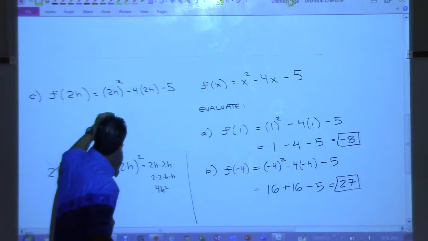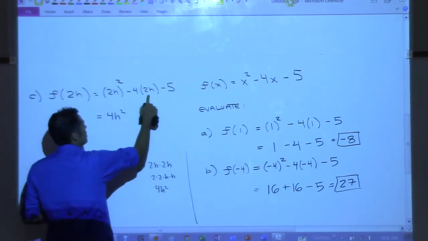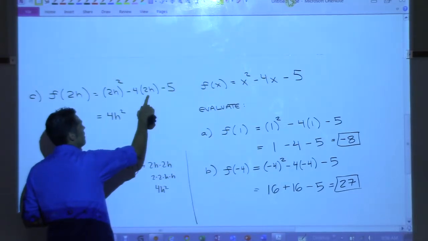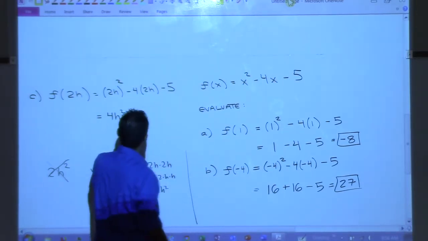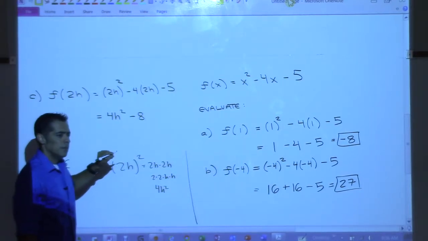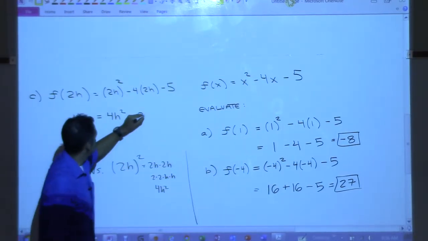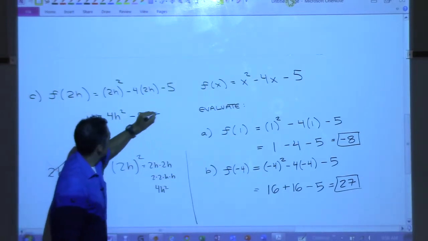And then what's next? You put the minus 4 with the 2, which will give us, so we're multiplying, right? Minus 8. And then what about that h? It stays, right? So you just get negative 8h, like that. And then minus 5.